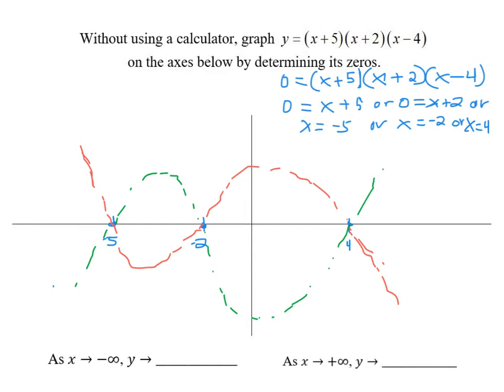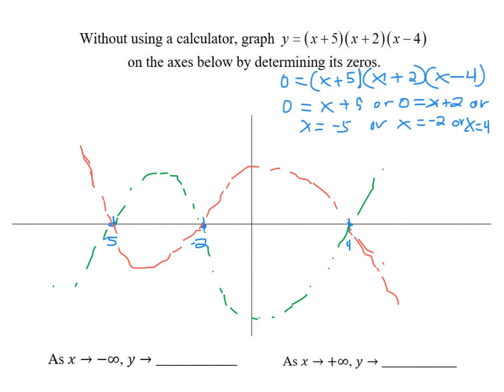Well, there's a couple of ways we can tell which one it is, but one way that I'm pointing out for today is we can look at the long-run behavior. We can think about what would the highest degree term, or the leading term, be in this polynomial. And we can get that just by thinking about what we would have if we multiply the x times the x times the x.